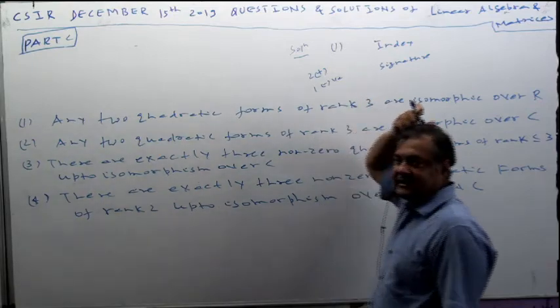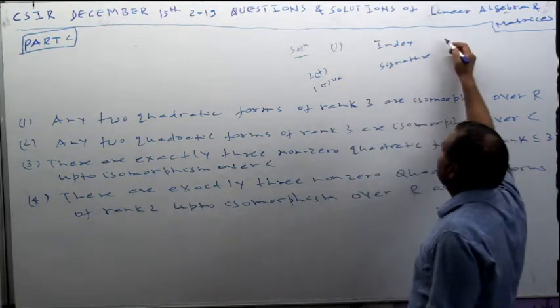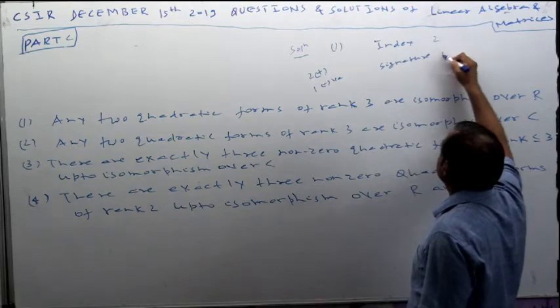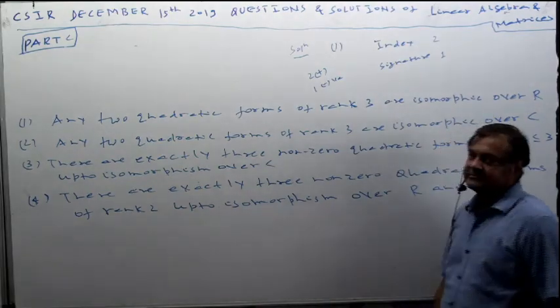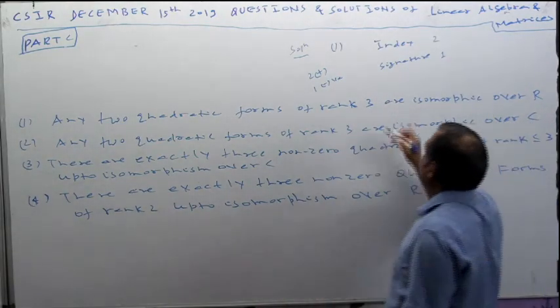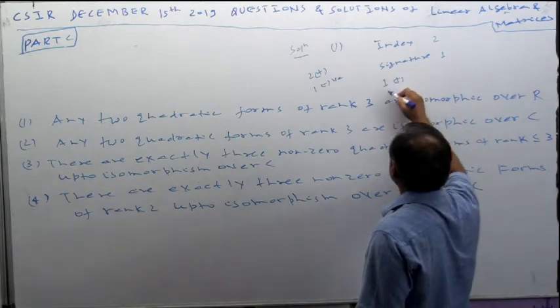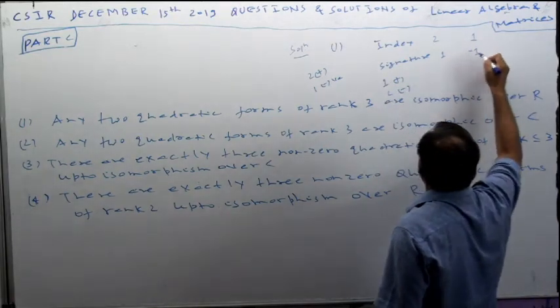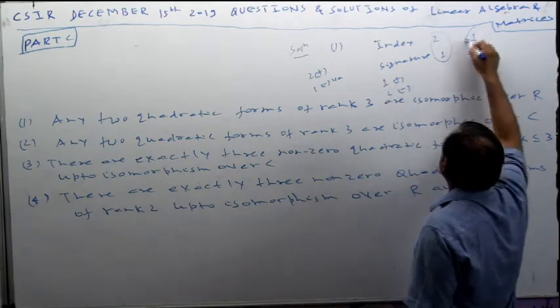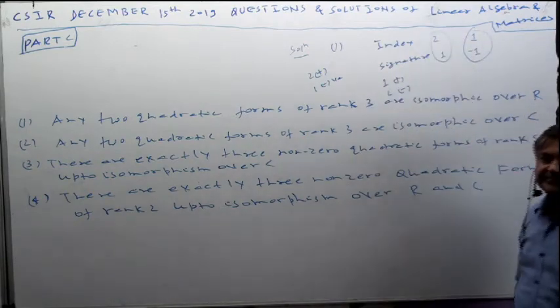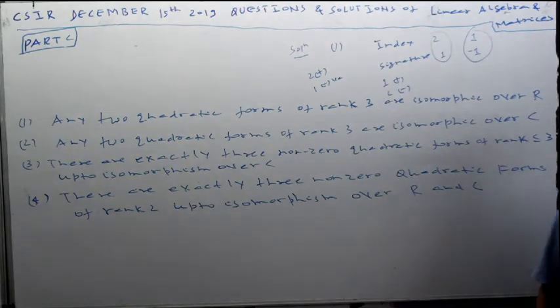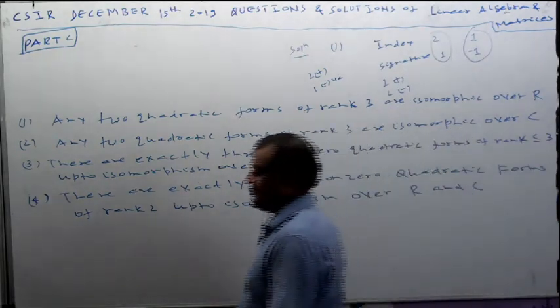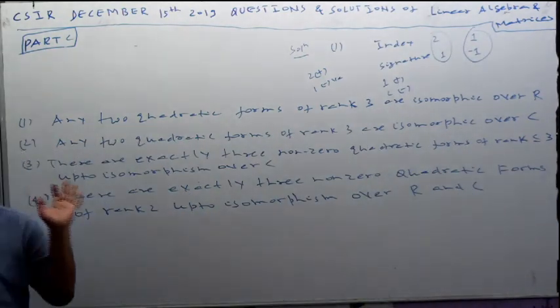Still rank is 3. Then index will become 2, signature will become 1. Now, if one positive term and two negative terms are there, then index will become 1 and signature will become -1. So they are not isomorphic to each other. Isomorphism means the number of positive terms and number of negative terms will be identical.